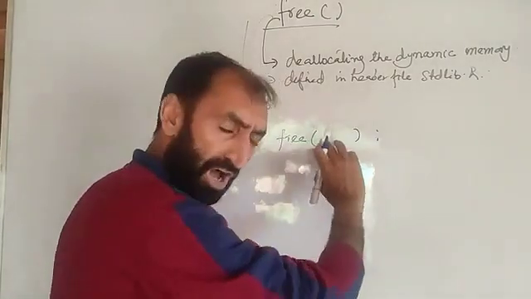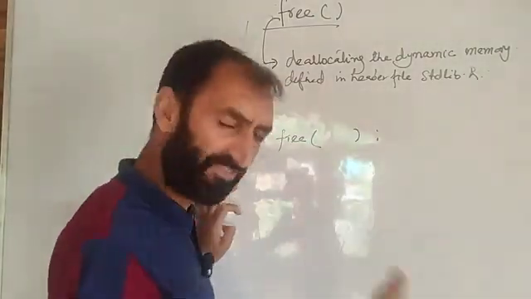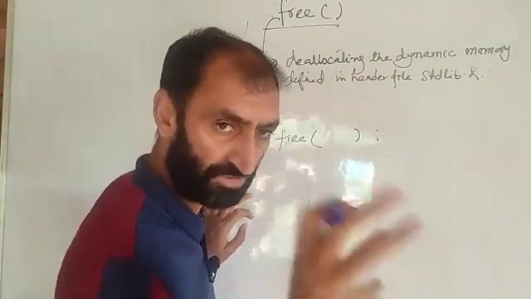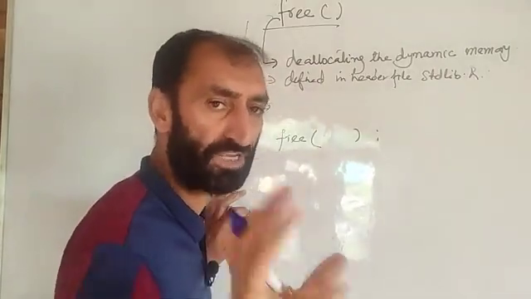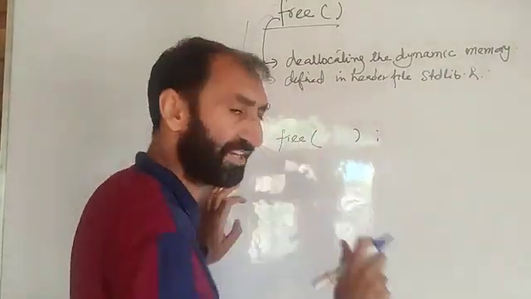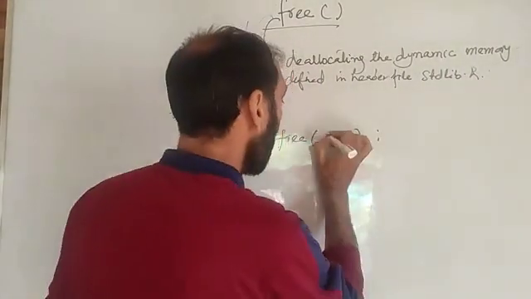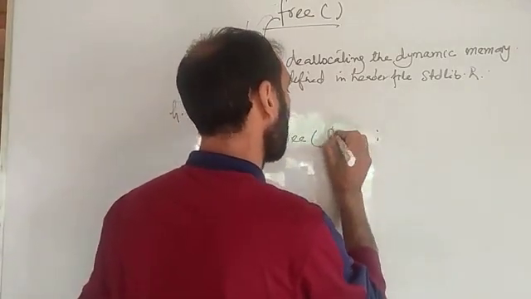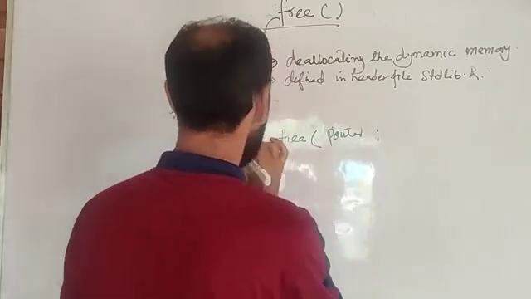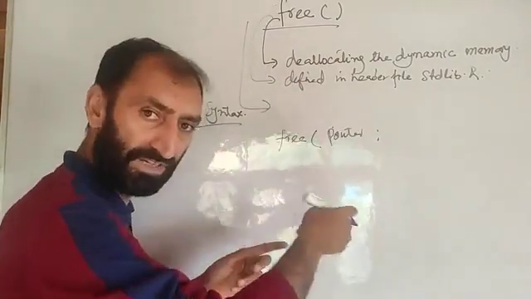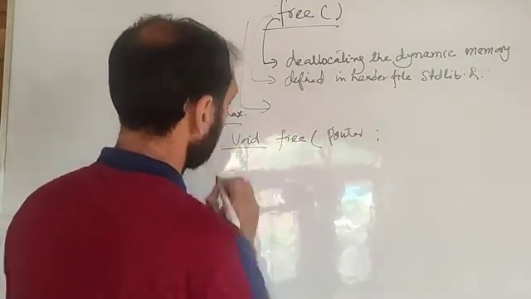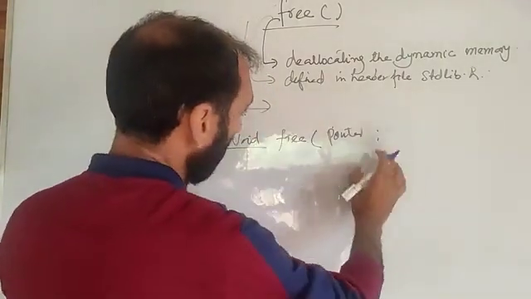As malloc takes only one argument, calloc takes two arguments, and realloc also takes two arguments, but this free function takes only one argument, that is the pointer, ptr, or simply the previous pointer. And the return type of this free function is always void.